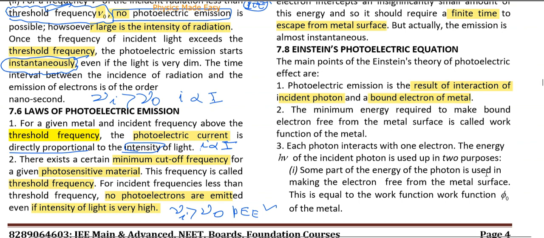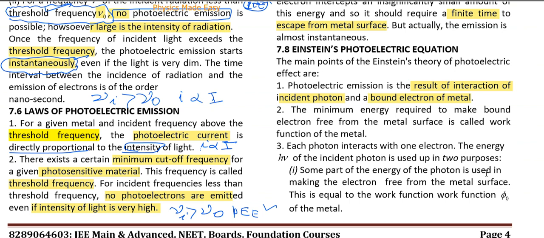Bound electron means we need some energy to make the electron free from the metal surface. This electron is not bound with the nuclei. Kindly note this fact.